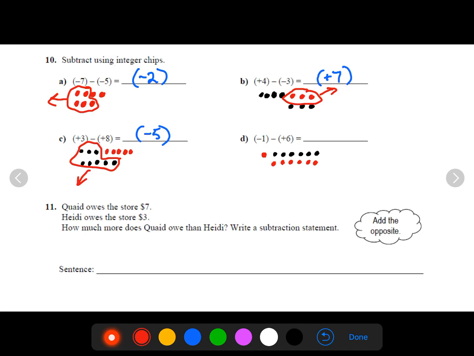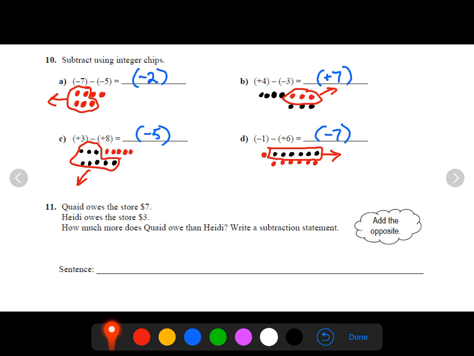But now I can remove 6 positives. They can leave. And what's left behind is 7 negative chips. So that's my answer, negative 7. So that's question 10.